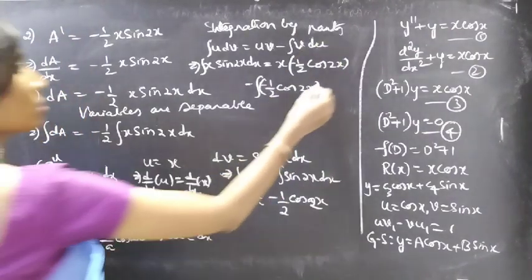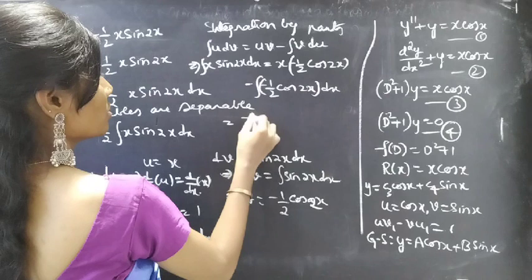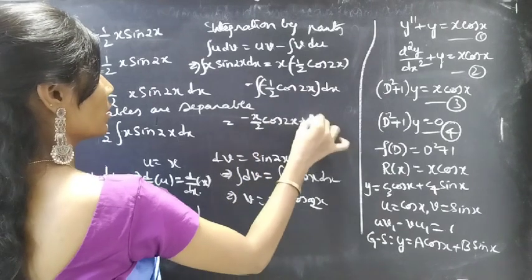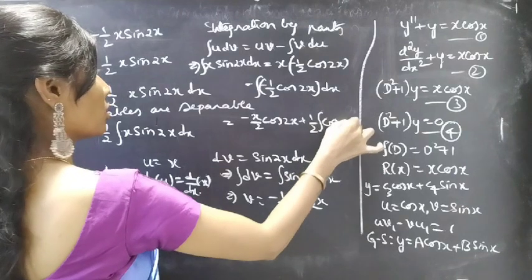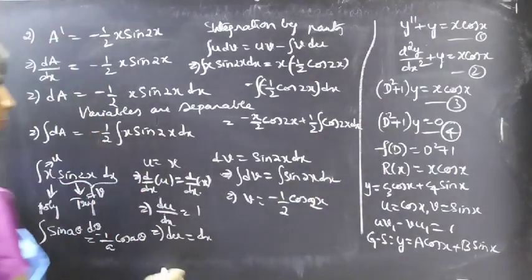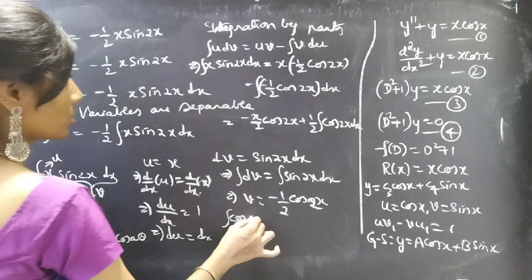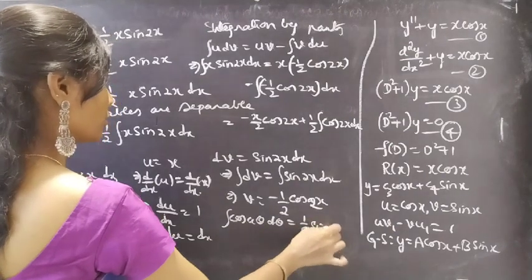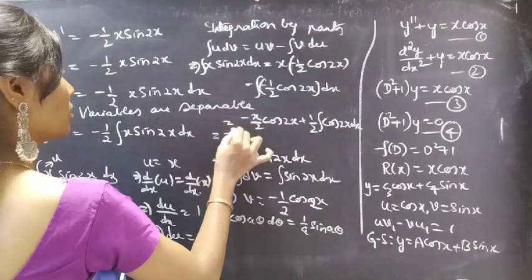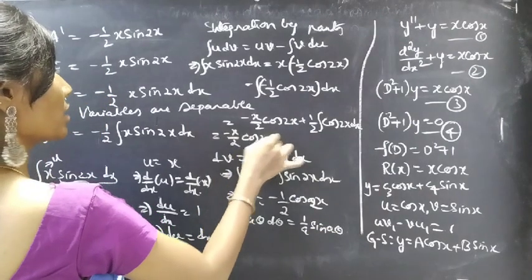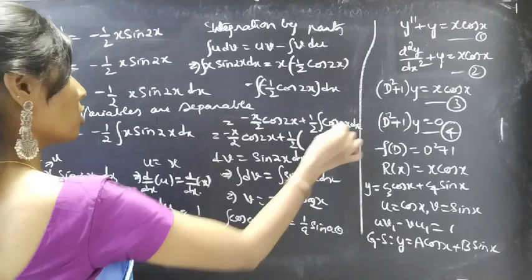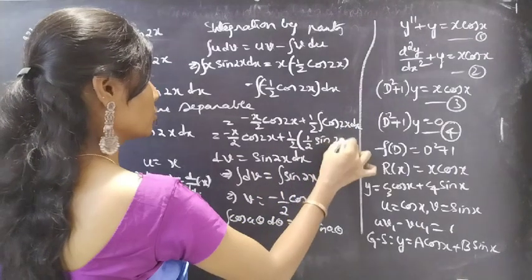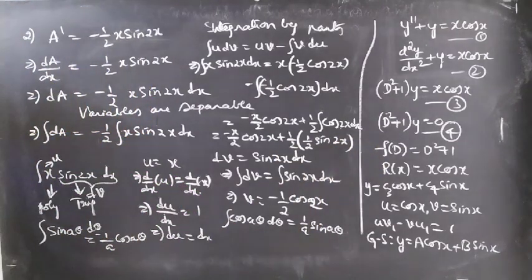Du is dx, which gives us minus x by 2 cos 2x, minus into minus plus 1 by 2 integral cos 2x dx. Since we know that integral cos a theta d theta equals 1 by a sin a theta, this gives us minus x by 2 cos 2x plus 1 by 2 into, for a equals 2, 1 by 2 sin 2x, right?